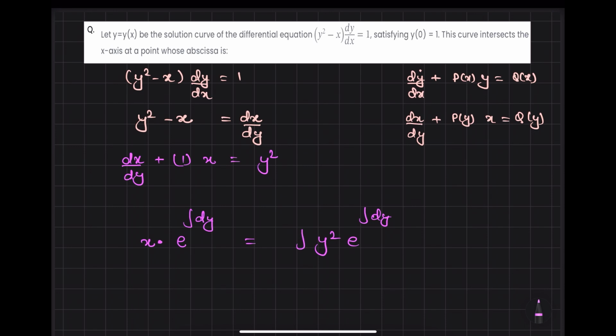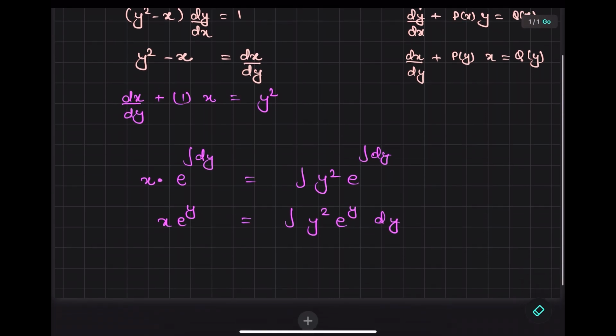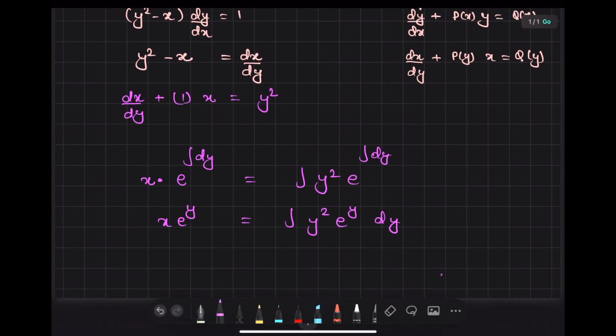Now let's do the integration. So we will have x e^y equals the integration of y² e^y with respect to y. So we have to do the integration of this part. Here we will apply integration by parts.